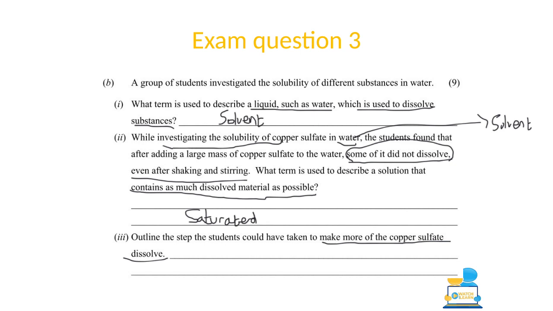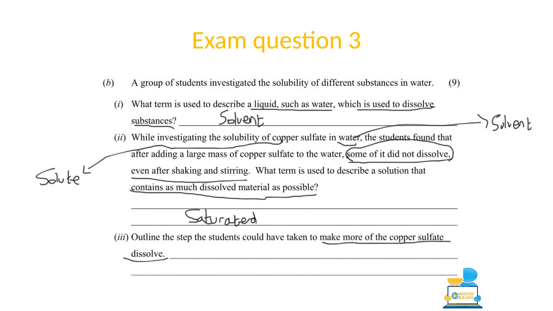What does it represent within the solution? The copper sulfate is the solute. So essentially what they're asking in that question is, how could we get more solute dissolved in this experiment? So I want you to think back again to our example of our sugar and our water. How did we get more of that sugar dissolved in our tea? What did we do in that experiment?